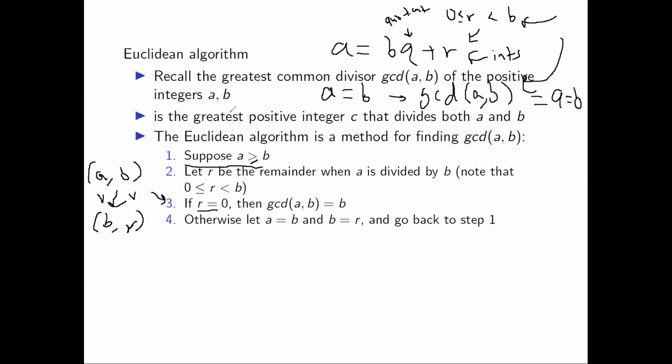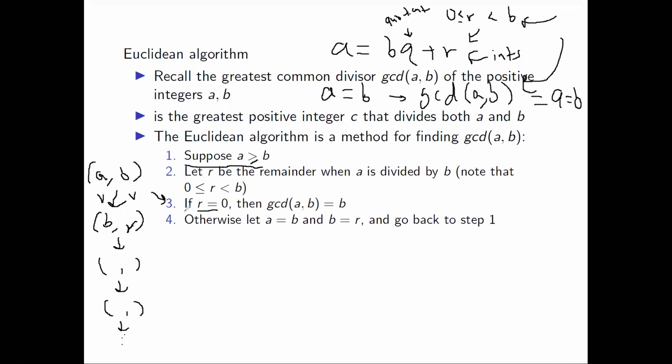So this is a strictly smaller subproblem in both of these variables. And then we just go back to step 1 with the subproblem. And the claim is that the GCD of A and B is the same as the GCD of B and R. So we can just keep on going to smaller and smaller subproblems until it hits one that is really easy to solve.